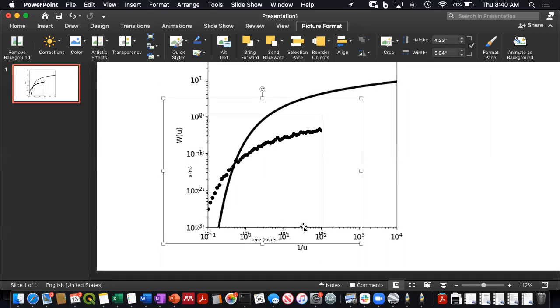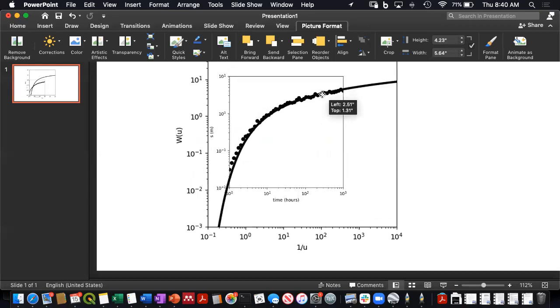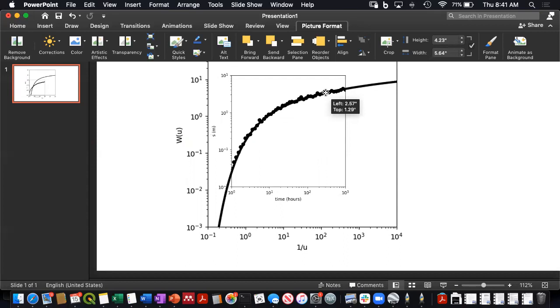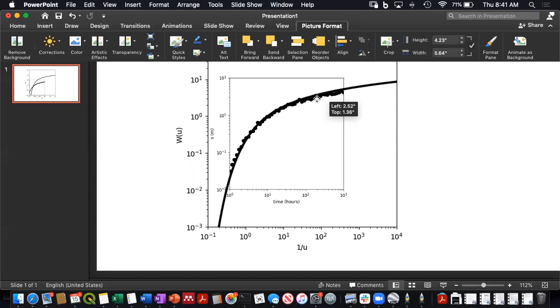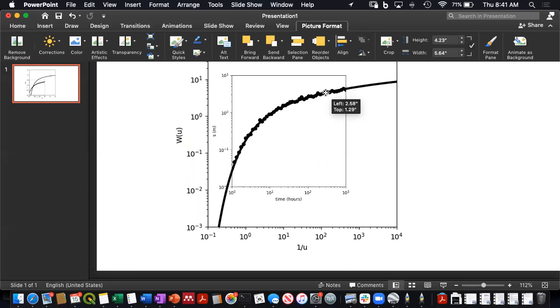Now I'm going to take my data and overlay it until visually I have the best fit. You're just trying to minimize the difference between these two visually.